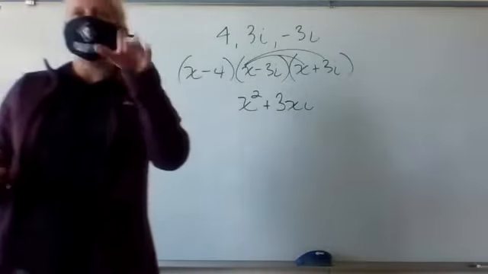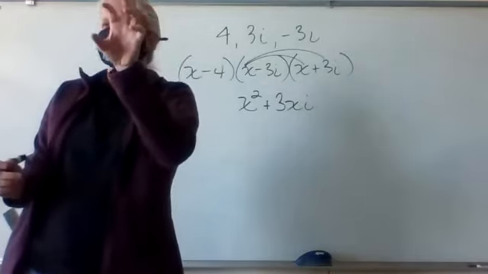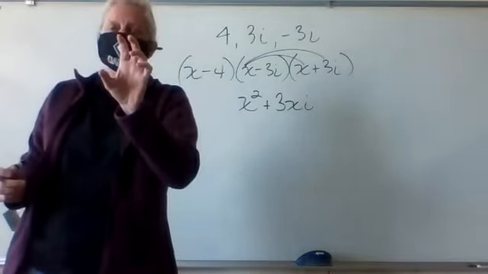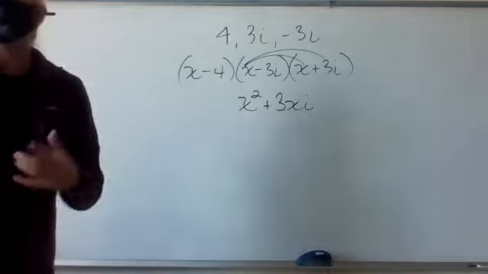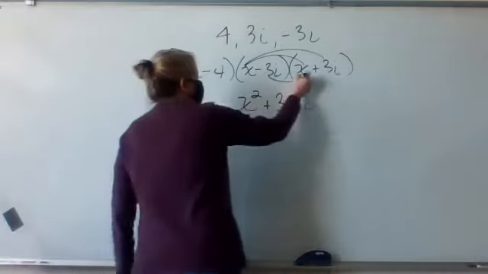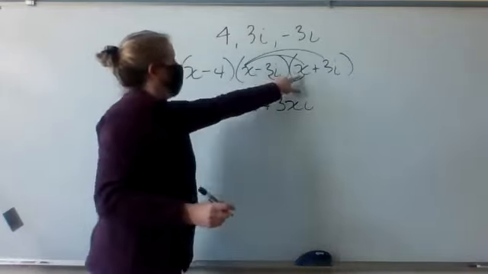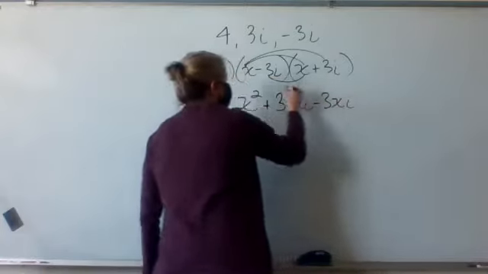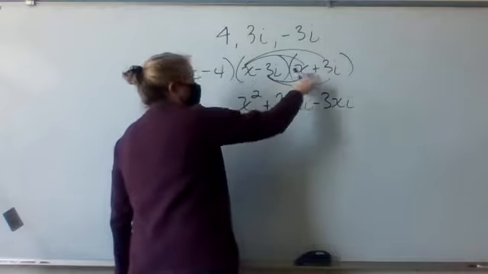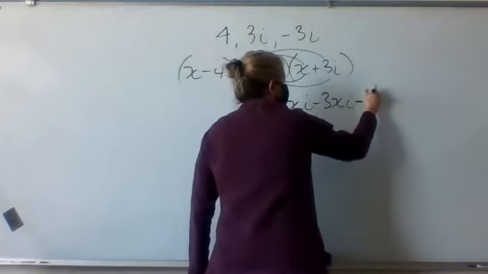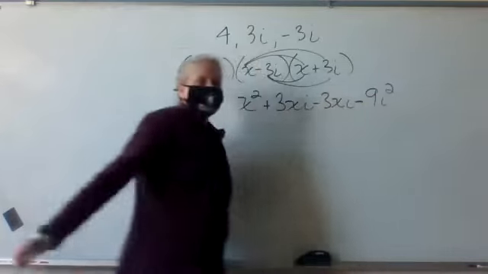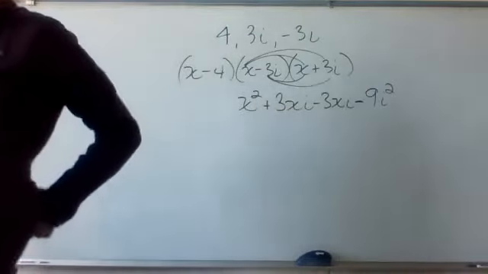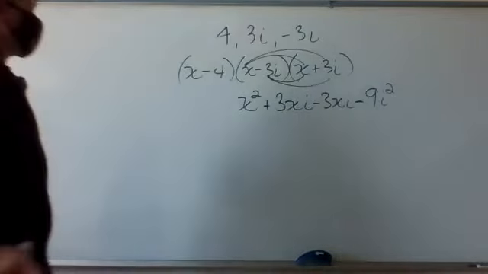An i is an imaginary part, that's what the i's come from. It actually is not going to matter, because look, what's your inner? Negative 3xi. And then your last, a negative 3i times a positive 3i is a negative 9i squared.